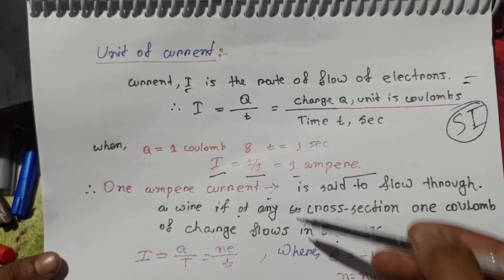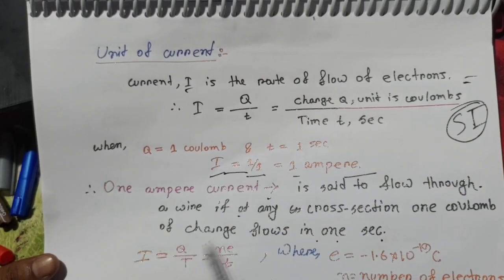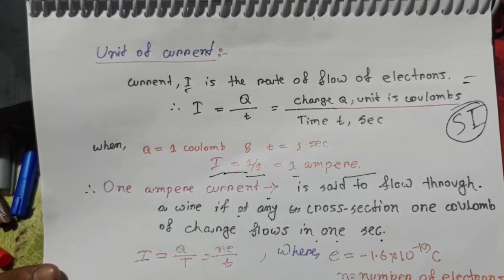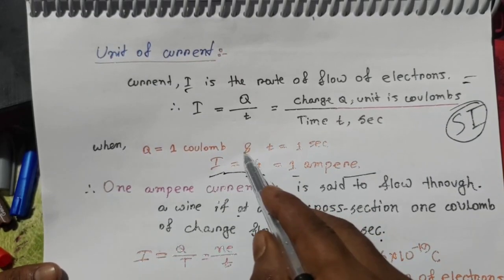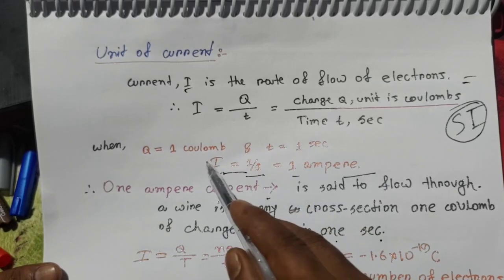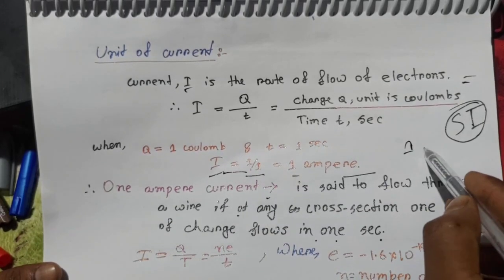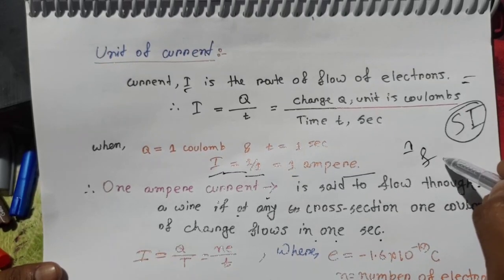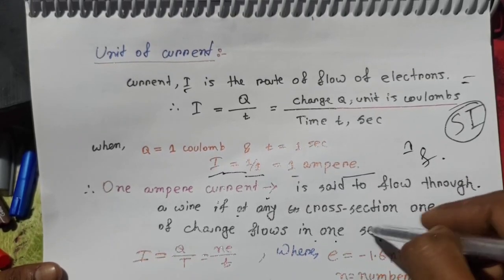That is what this equation says: 1 ampere of current flows when 1 coulomb of charge flows within 1 second.